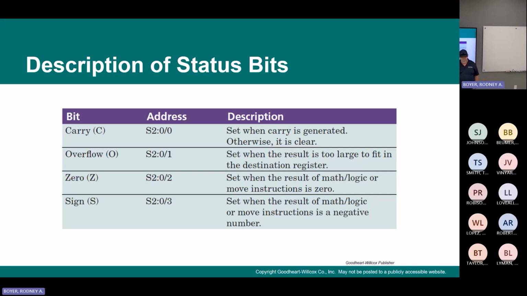Status bits are carry, overflow, zero, and sign. If there is a carry generated, like if you add 5 plus 7, you get 2 with a carry of 1. So it'll throw the carry bit. Overflow happens whenever your result is a number that is bigger than will fit in a 16-bit register.